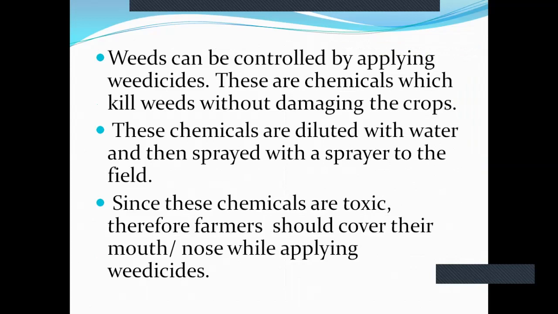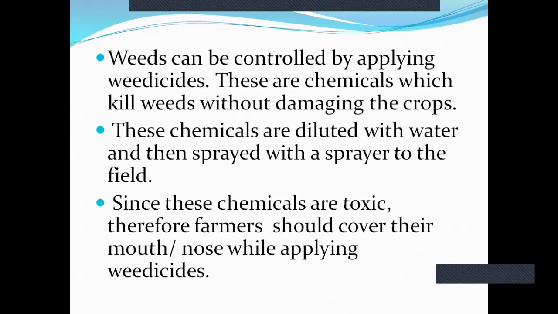Weeds can be controlled by applying weedicides. These are chemicals which kill the weeds without damaging the crop. As I told you, weedicides are what? Chemicals which will kill the weeds, but they will not damage the crop, right? These chemicals are diluted with water and then spread with a sprayer in the field, right?